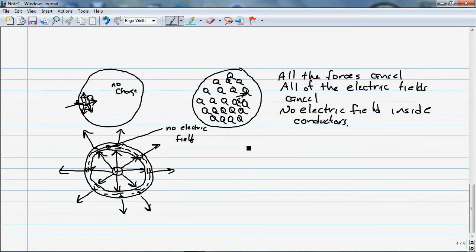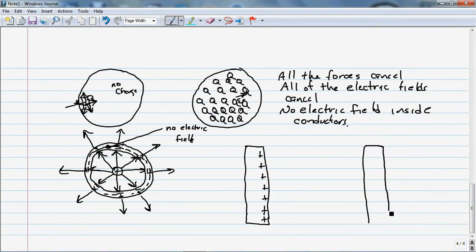Now, one application of this is very useful. Let's say that I have some plate with positive charges, and I have another plate with negative charges.